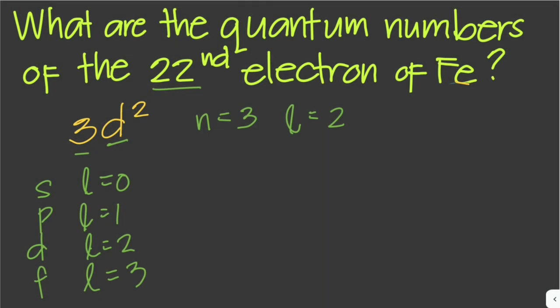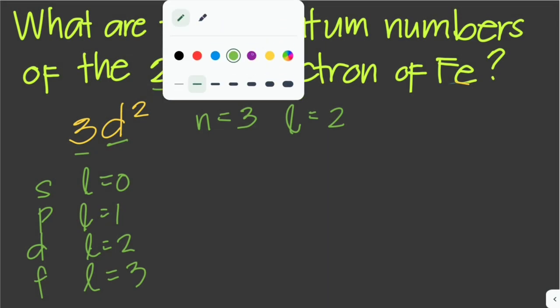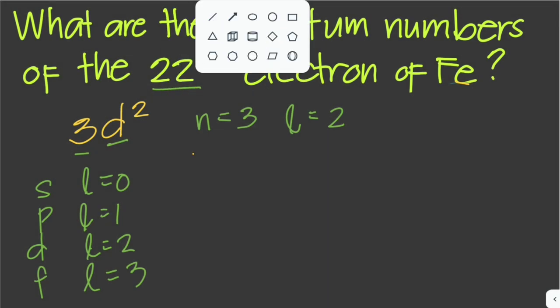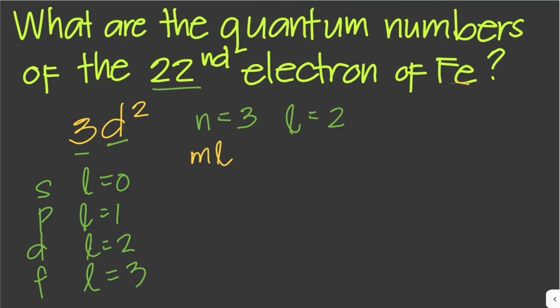And then for ML, when it is an s orbital with L equals 0, the value of ML is equal to 0 with 1 sublevel, because it can only hold up to 2 electrons. And then for p with L equals 1, the values for ML could be -1, 0, 1, and it has 3 sublevels.